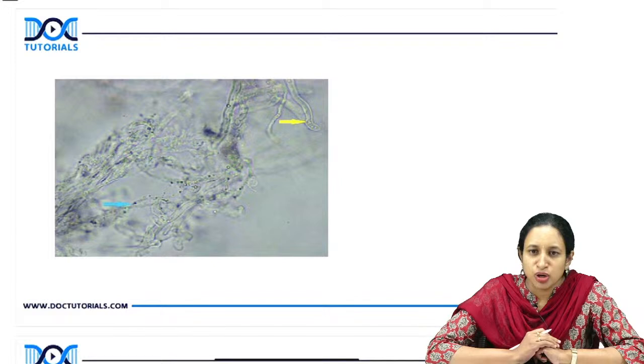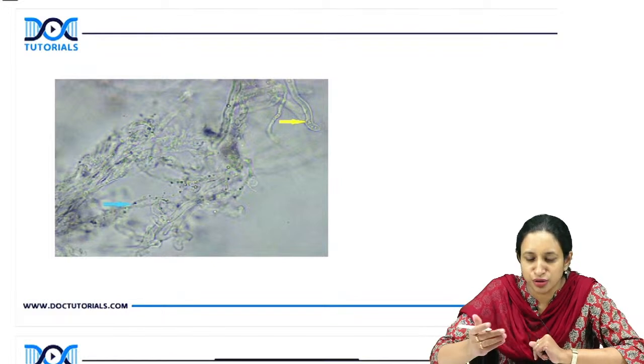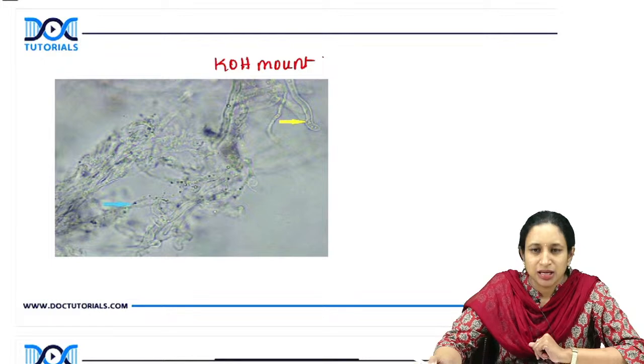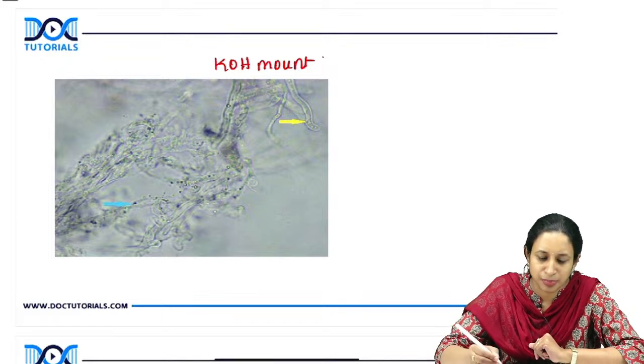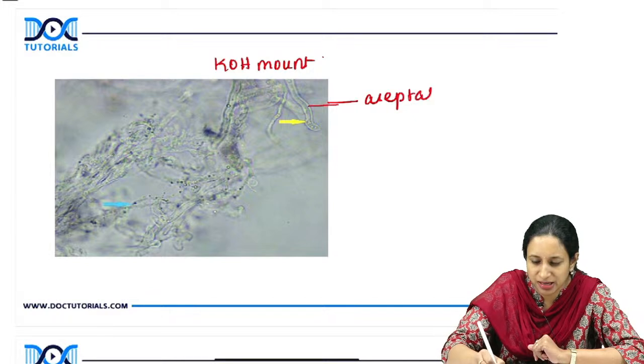So now they've given you an image where they have shown you what a KOH mount looks like. If you can notice here, they are trying to show a particular type of finding, which is nothing but aseptate hyphae.